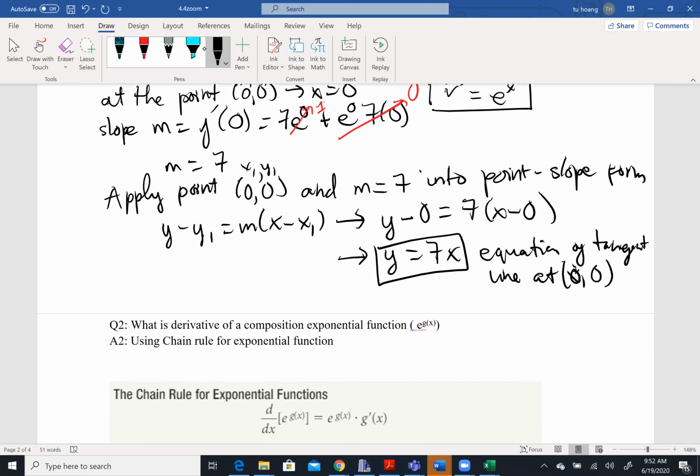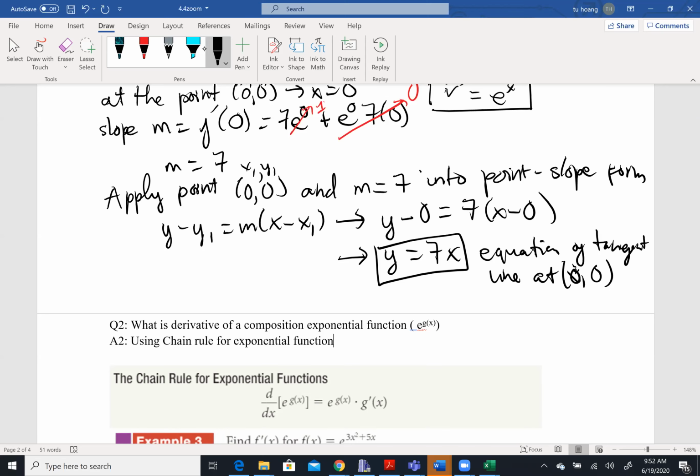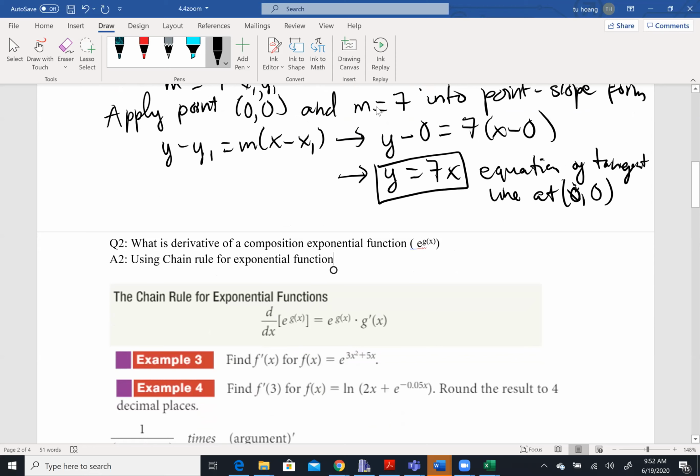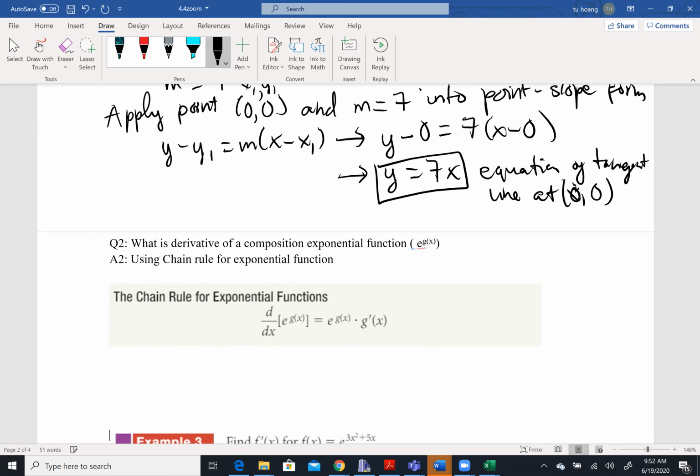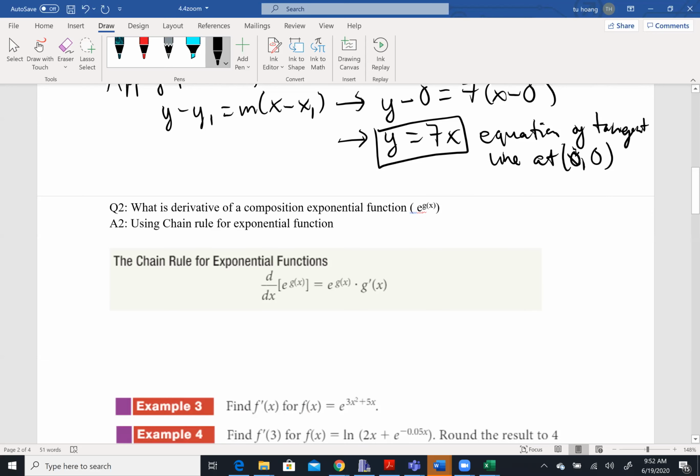Okay, so what is the chain rule? You did learn about the chain rule already, right? The chain rule is always the derivative of the outside function multiplied with the derivative of the inside function, right?